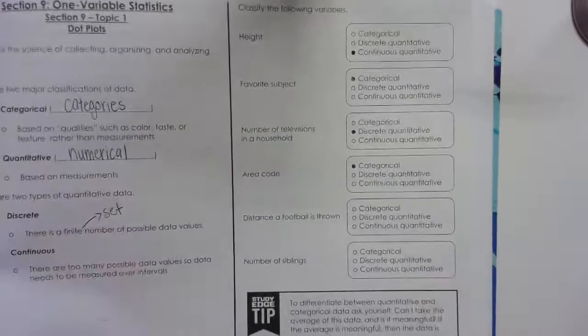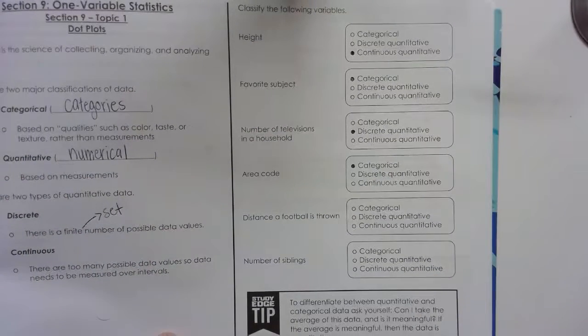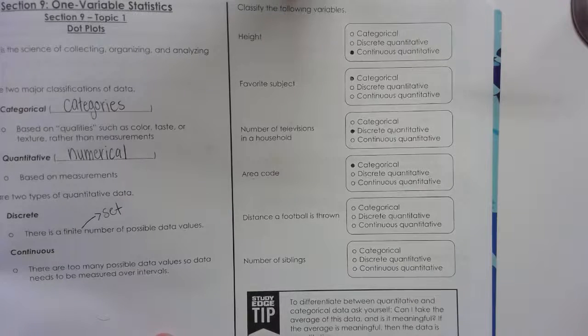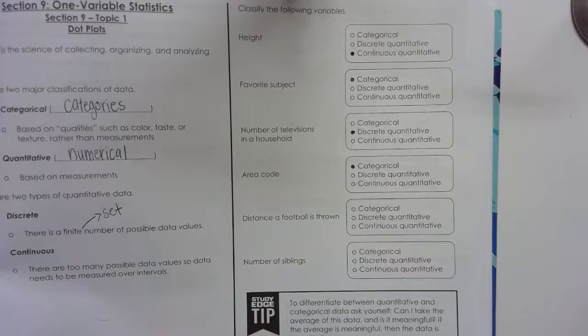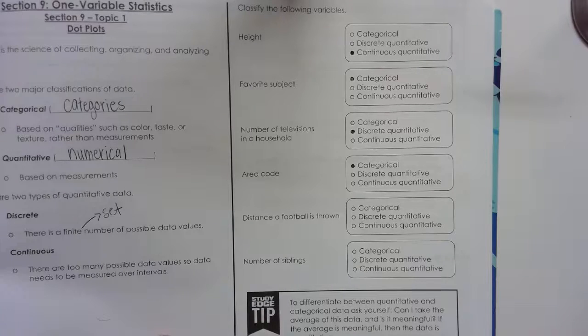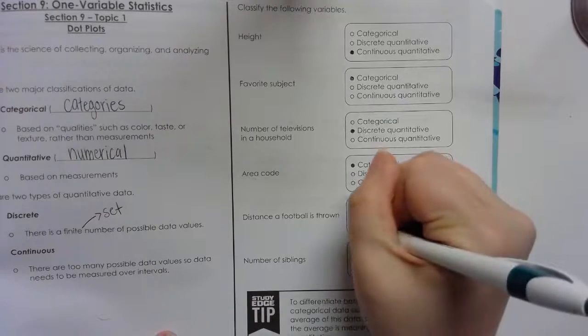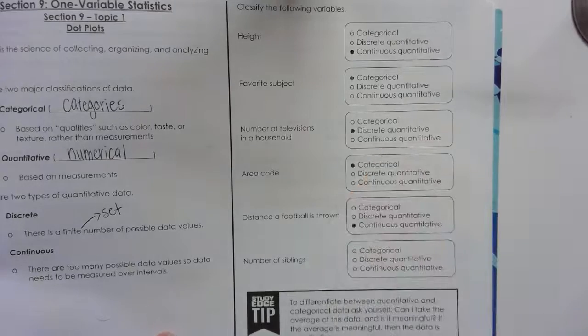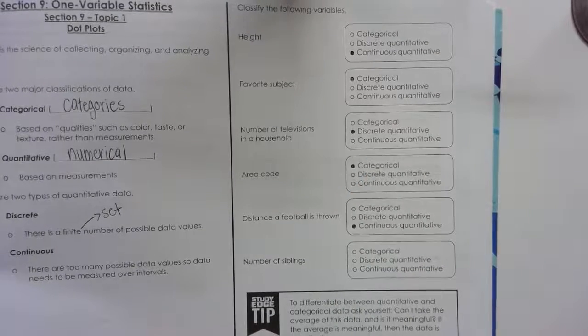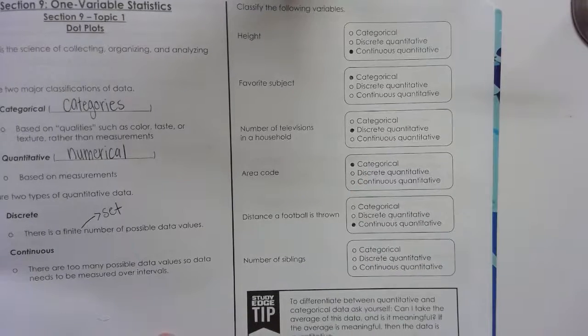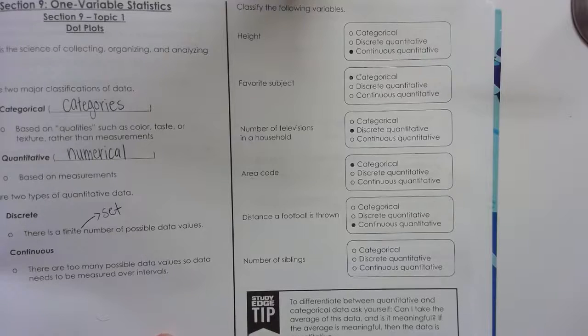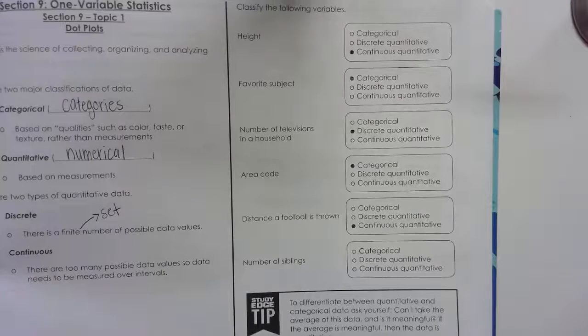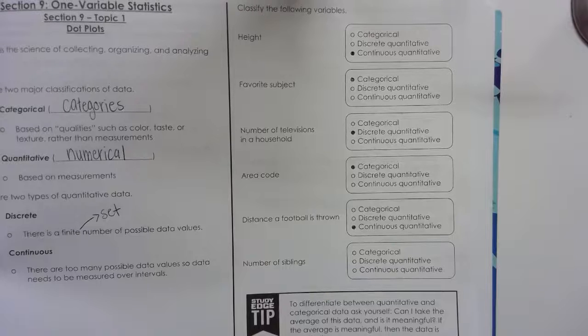Distance a football is thrown. Let's think about this. So it's definitely numerical, that's a measurement. Could you throw a football 23.5 yards? Yes, you could. So it is continuous quantitative. You starting to see what's happening here? Okay, and then the number of siblings. I understand that your mom might be expecting, something like that.